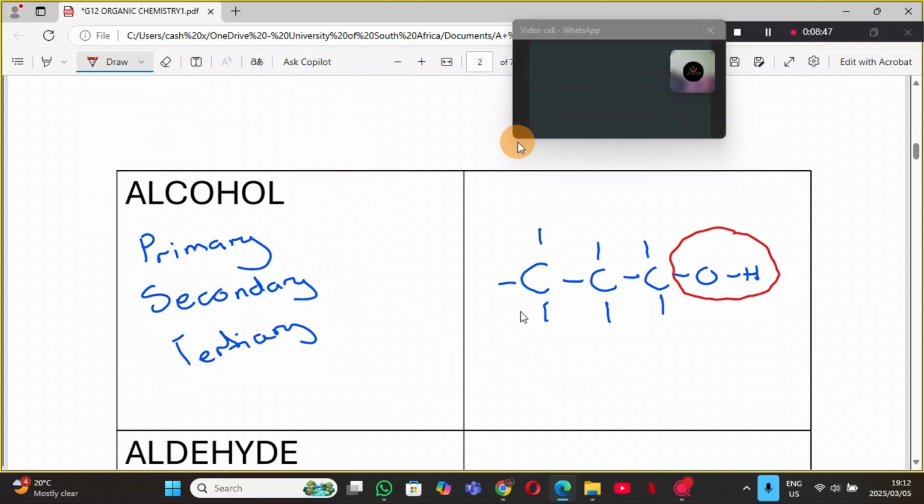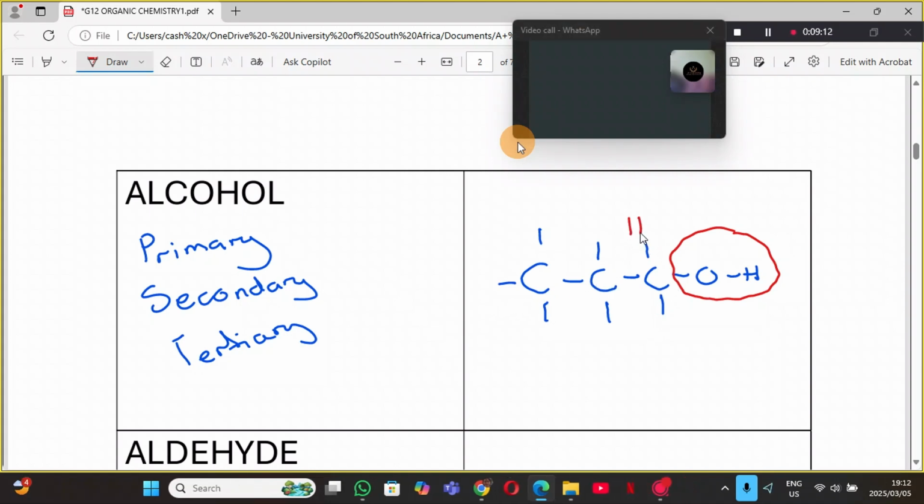So now this, what we drew here, it's a primary alcohol. So what is a primary alcohol? A primary alcohol is an alcohol whereby the OH is attached to a carbon that is attached only to a single carbon. Do you see that this carbon is attached to only one carbon going on? And then the rest are what? H and H. That's what makes it a primary.